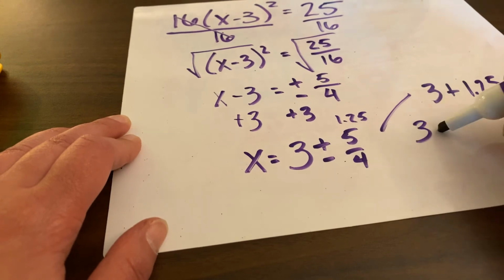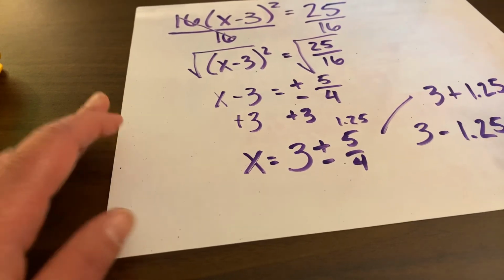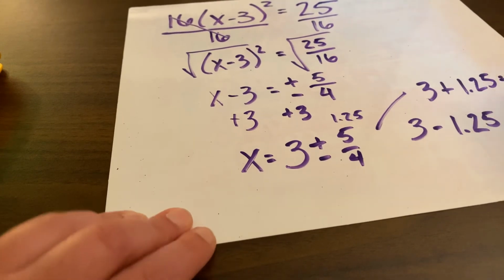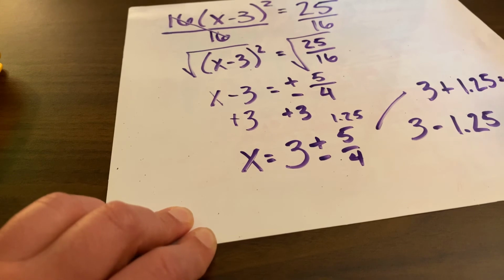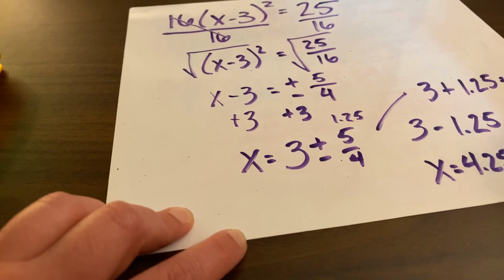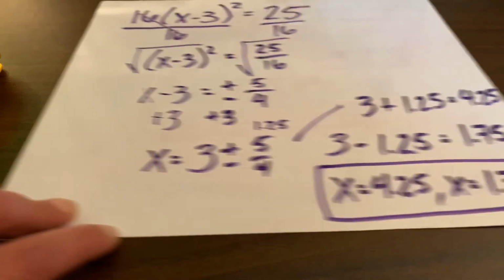And you could do 3 minus 1.25, right? And you get 1.75. So x equals 4.25, x equals 1.75 are your two solutions.